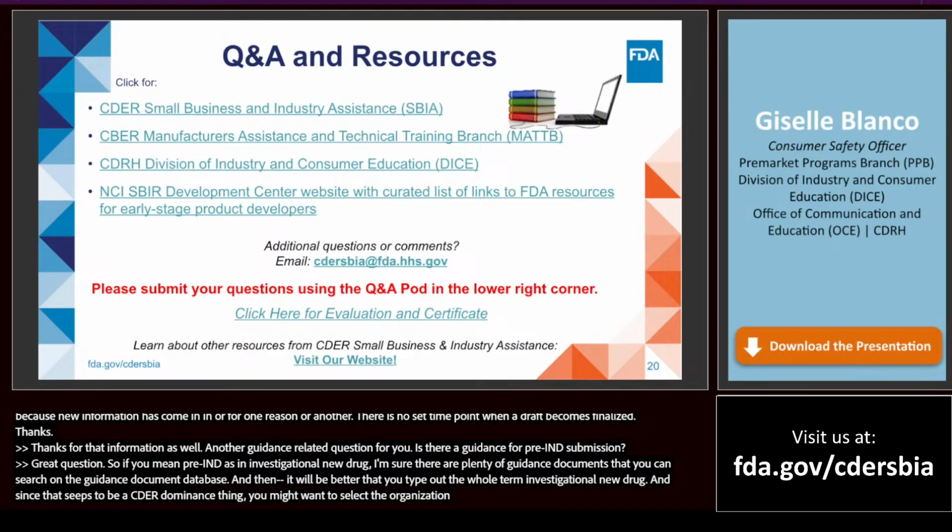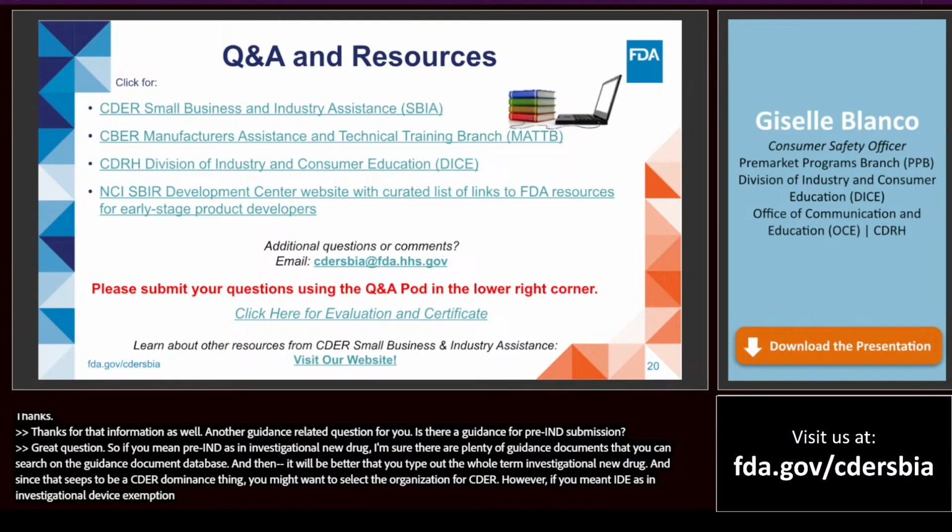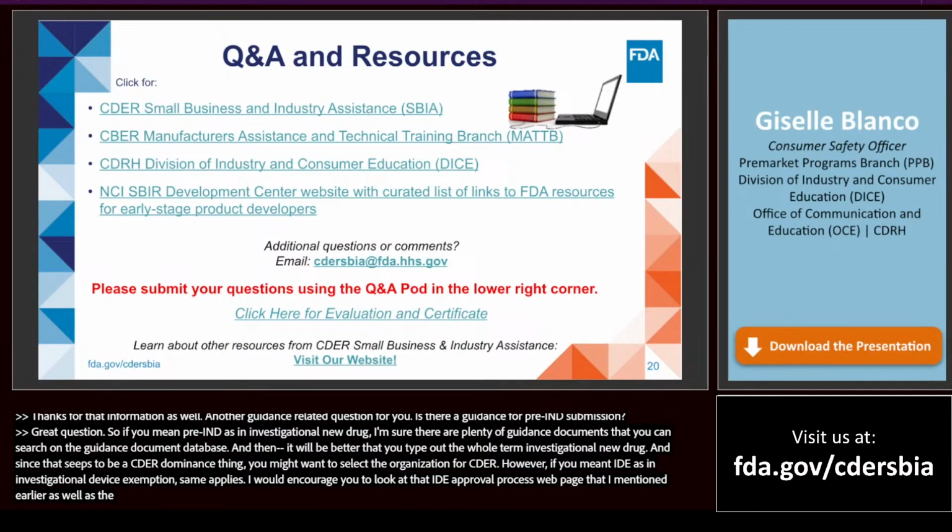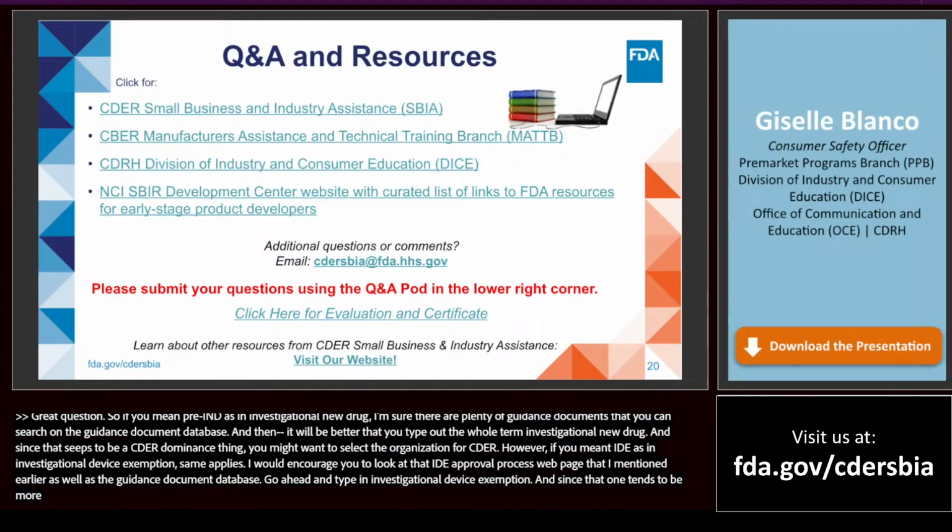However, if you meant IDE as an investigational device exemption, same applies. I would encourage you to look at that IDE approval process webpage that I mentioned earlier, as well as the guidance document database. Go ahead and type in investigational device exemption, and then since that one tends to be more specific towards CDRH, you'd want to select the filter for CDRH guidance documents. I hope that answered your question. Thanks.